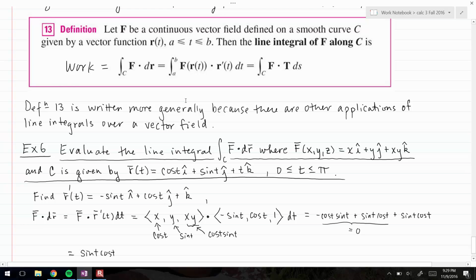Okay, so that's what the F of r of t is about. Then you're supposed to dot that with r prime of t, which is a vector. So go ahead at some point and find that derivative. If you need a refresher on that, you just take the derivative component by component.